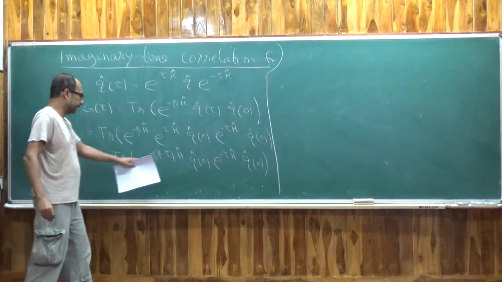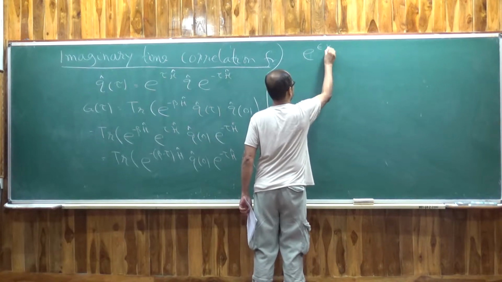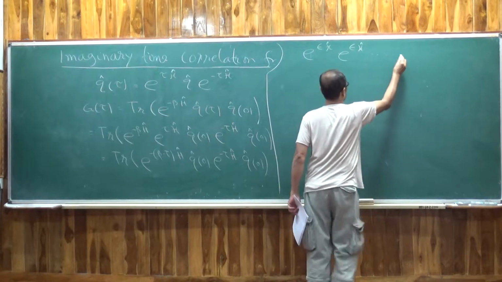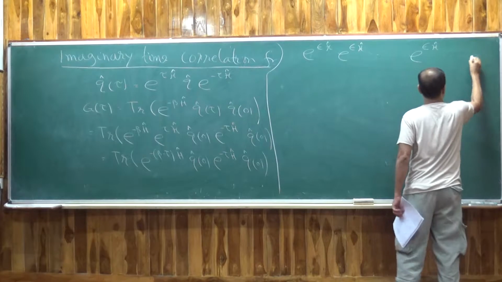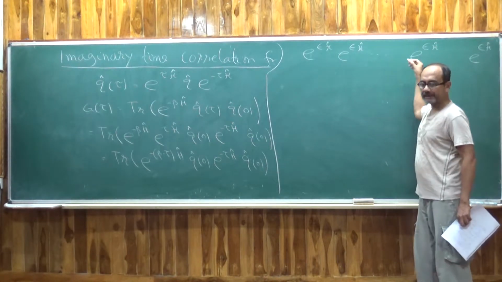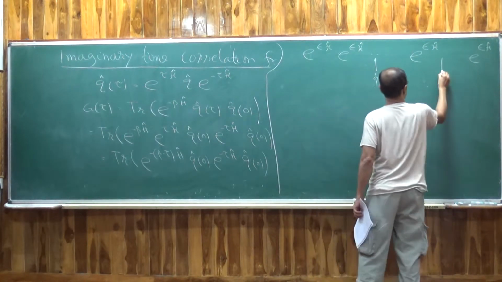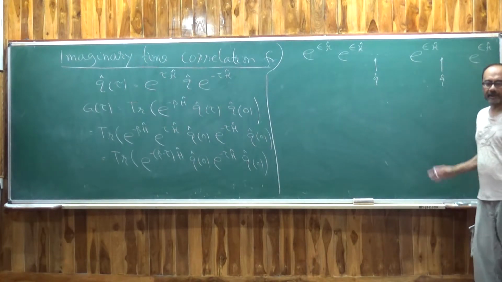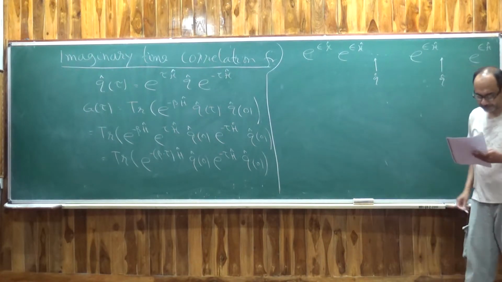Basically we divide this again into these products e to the epsilon h hat, e to the epsilon h hat, and so on. And then in appropriate positions we insert q hat. Okay, and then write down the path integral representation. This is the standard way one gives path integral representation of the correlation functions.